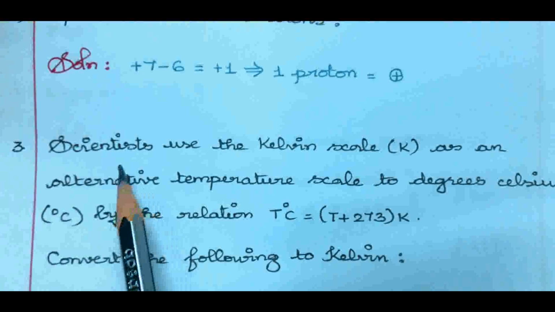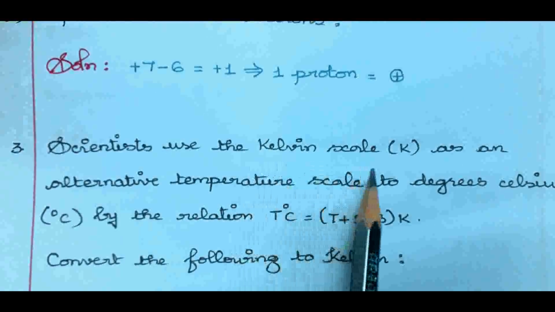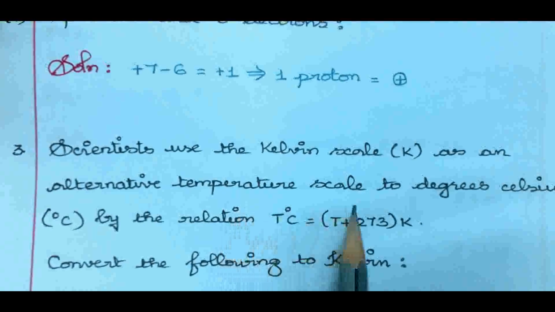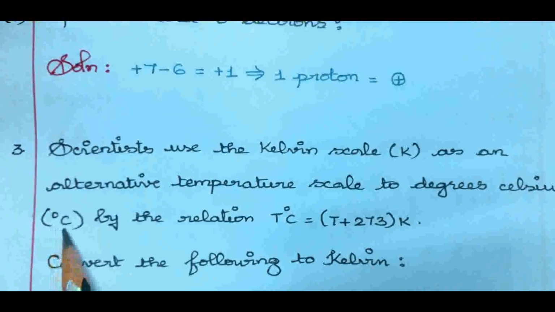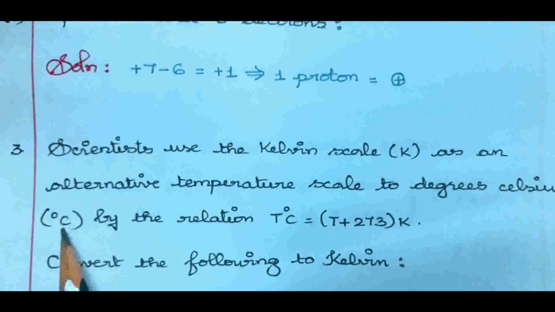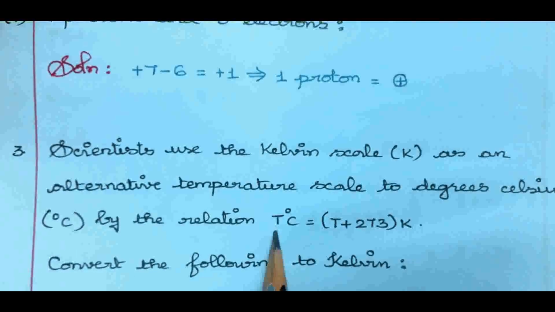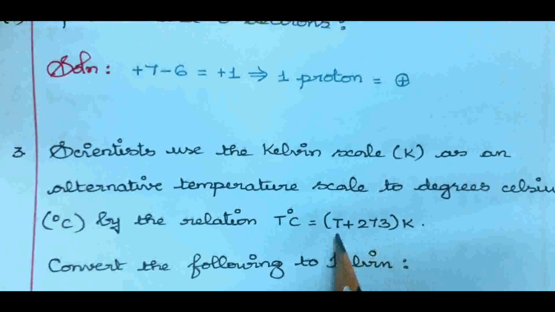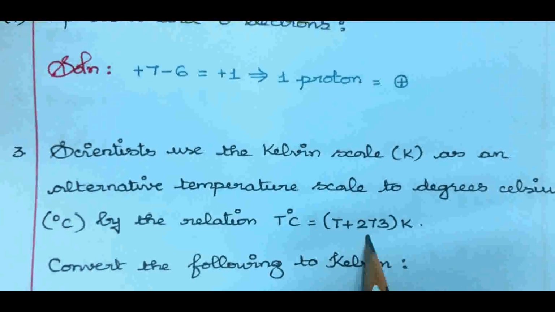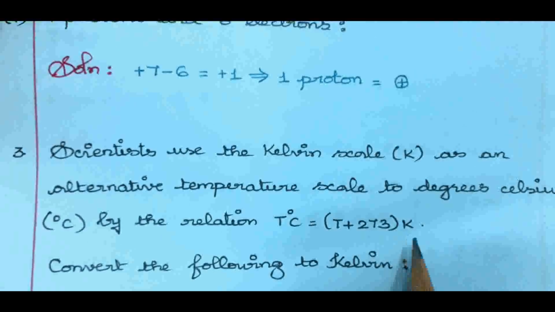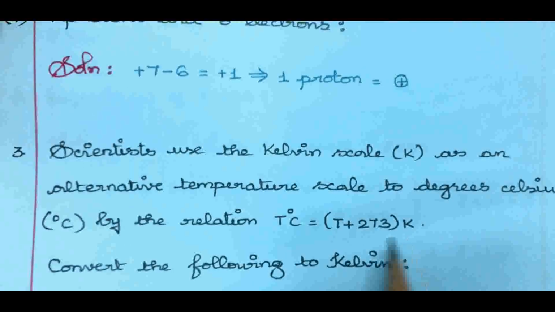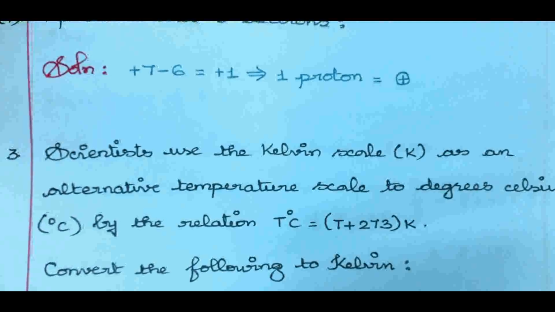So they have a formula. If you give a temperature in Celsius, they will add 273 to the temperature and convert it to Kelvin. Clear? Now according to this, we have to convert 4 questions.